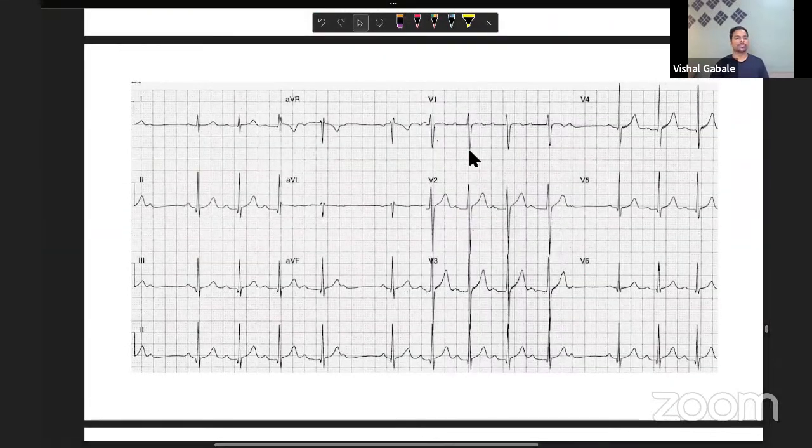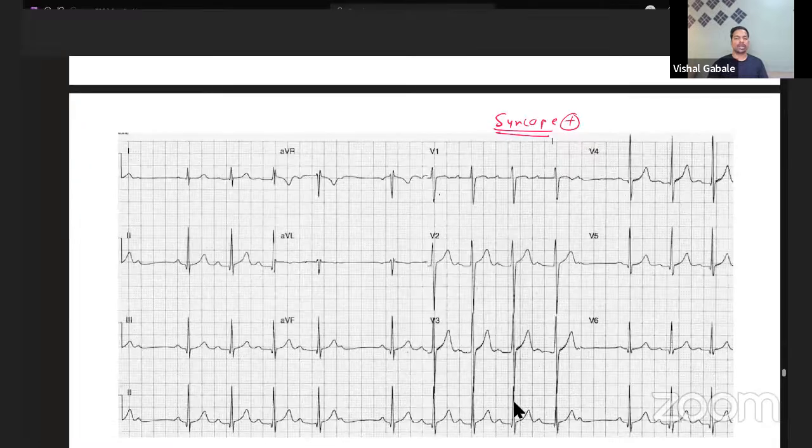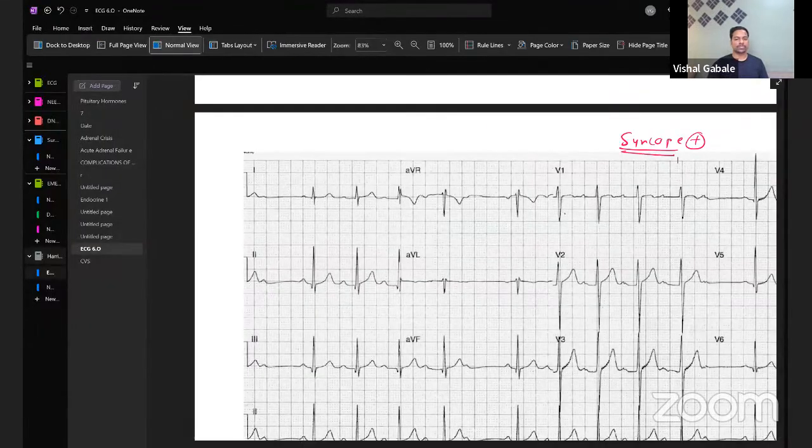Now identify this one, guys. This one is for you. A patient presented with a syncope and we did the ECG and the ECG was showing these features. Anyone? Quickly. Anyone on YouTube?